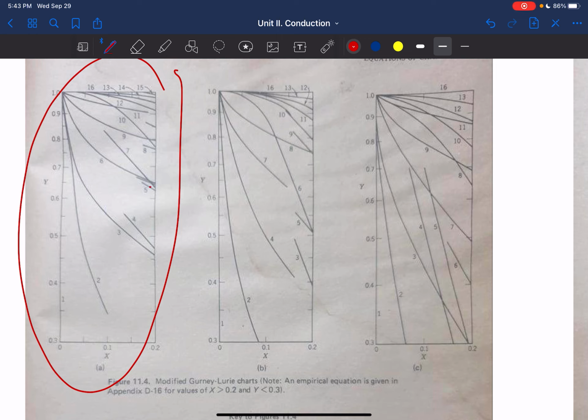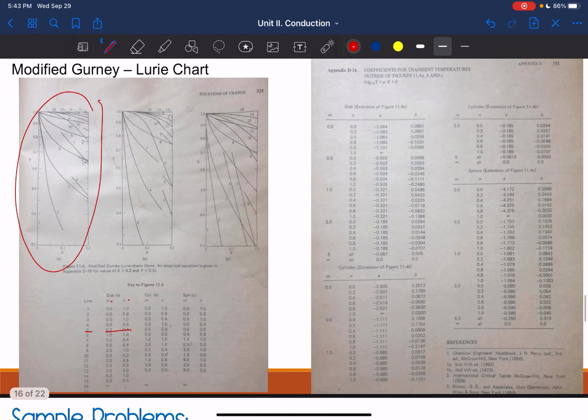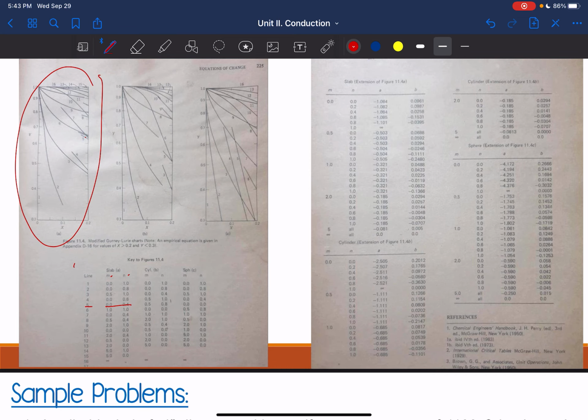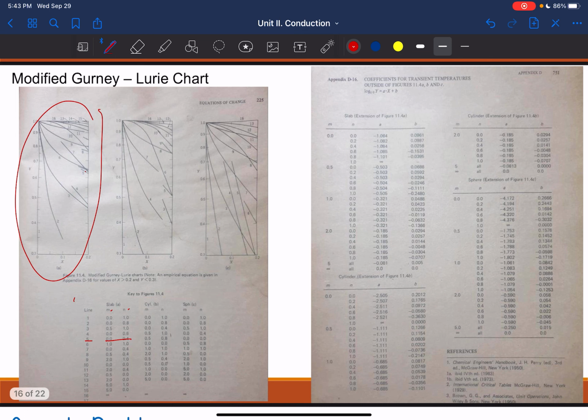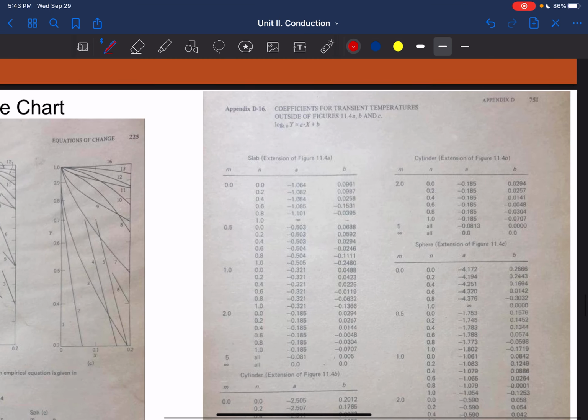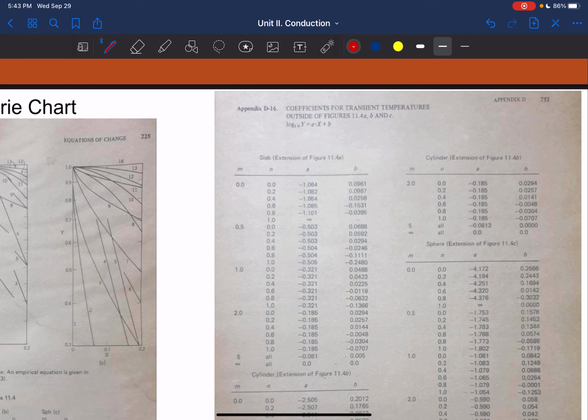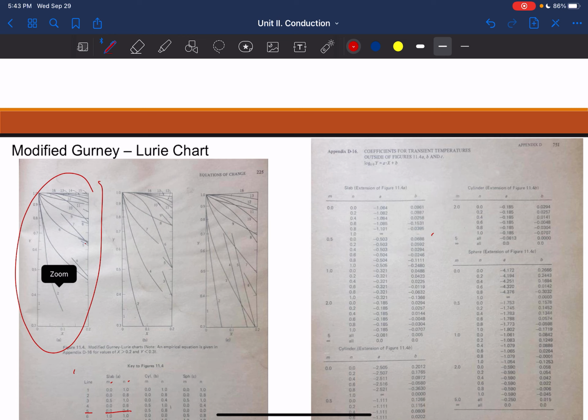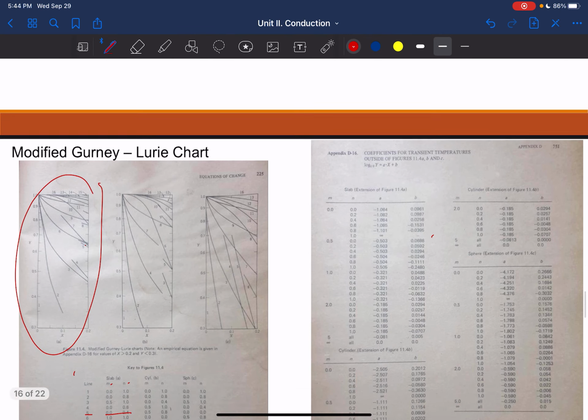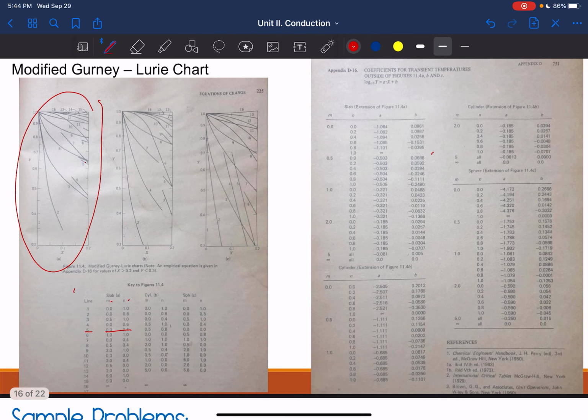That's your line 5. Okay? This is helpful in getting your Y. Now, if this chart is not available, you will be using appendix D16, which is the extension. So this first one is the extension of your figure A. Ito naman is figure B, tapos yung isa figure C. Okay? So what's best to learn about this Gurney-Lurie chart is to solve a problem.